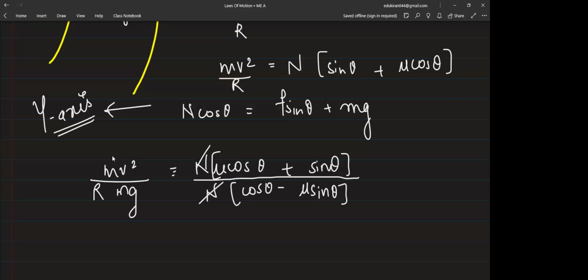So N gets cancelled, m gets cancelled. So v square here is equal to rg times mu cos theta plus sin theta over cos theta minus mu sin theta.